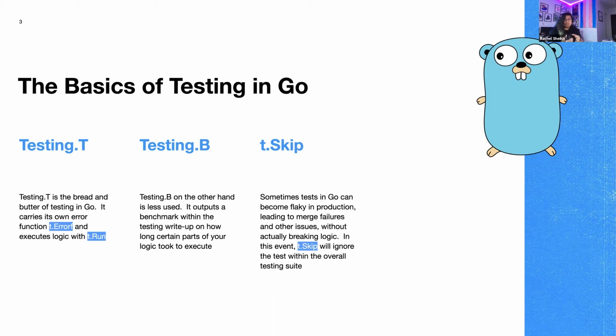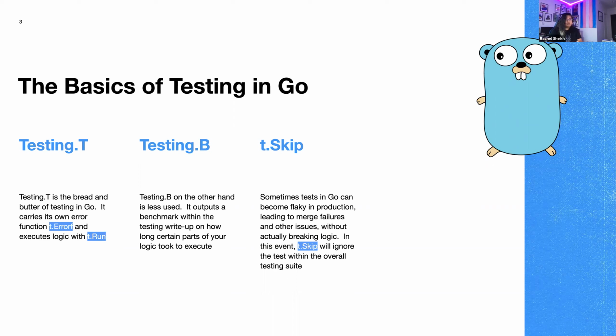It's just the testing suite itself is starting to not recognize certain tests as viable logic, if that makes sense. So in that case, you will want to actually dig down into the logs and actually fix the test. A lot of the times in Go, tests become flaky when they have concurrency in them, and the testing suite doesn't always handle concurrency consistently across iterations. So you'll have to go in and fix that.